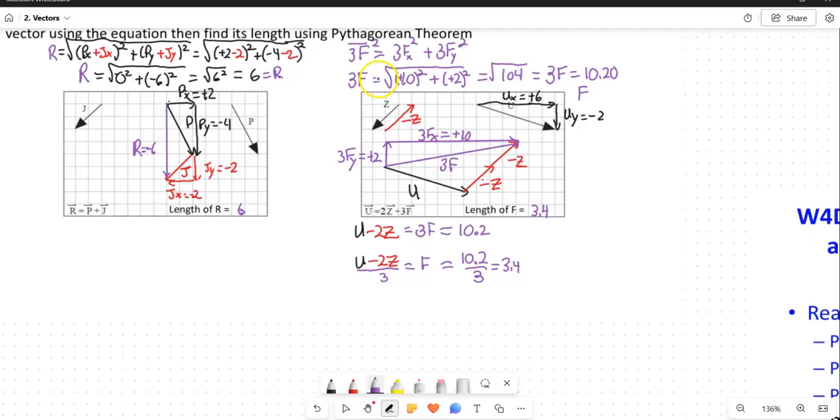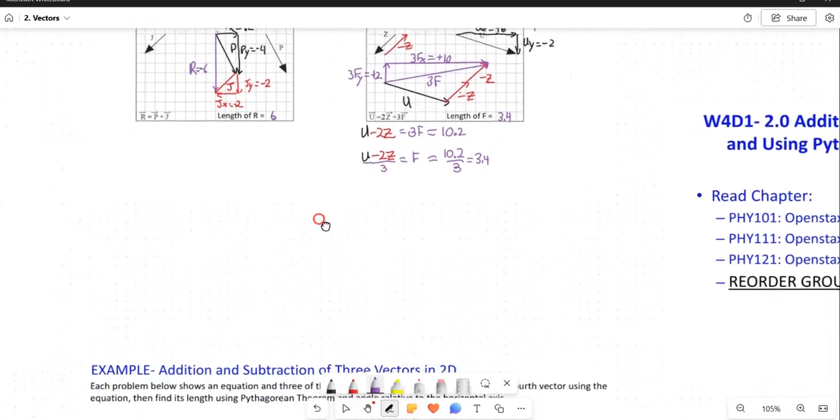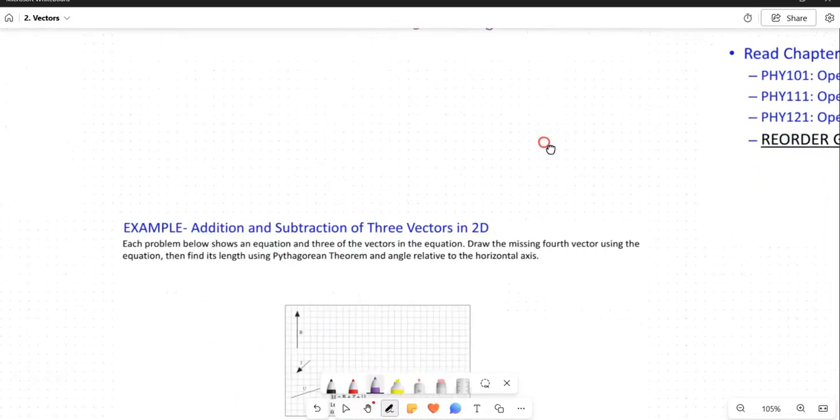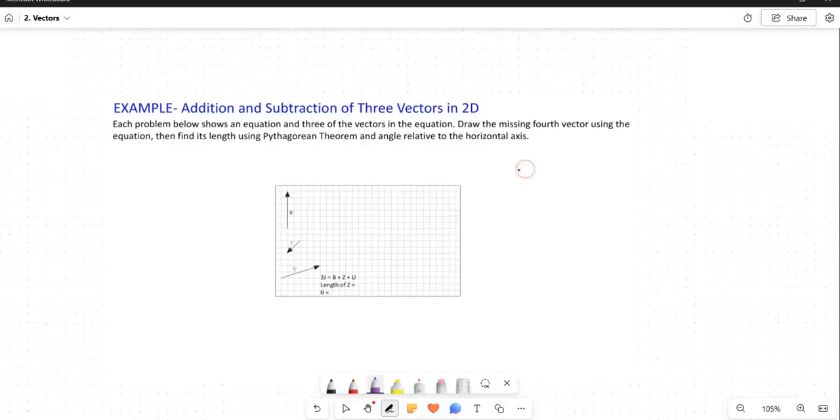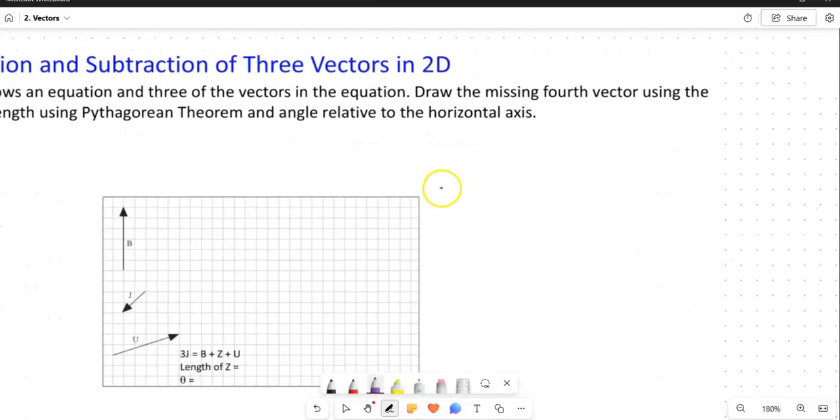I would do it this way. Once you get that hypotenuse, that 3f vector, take the components of that vector and figure out the length using Pythagorean's theorem. And then in this case, we have to divide it by 3. Okay? So that's the first page. Like I said, yours is a lot easier. But there is this second page.